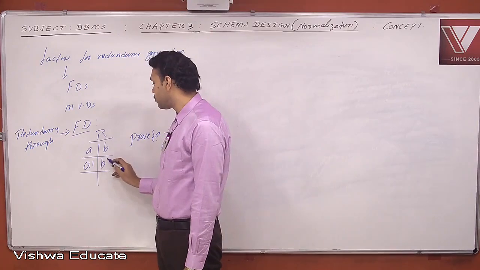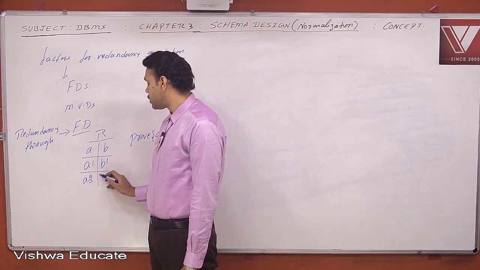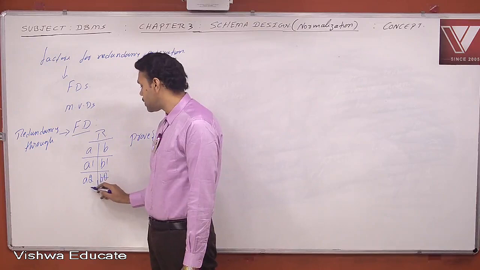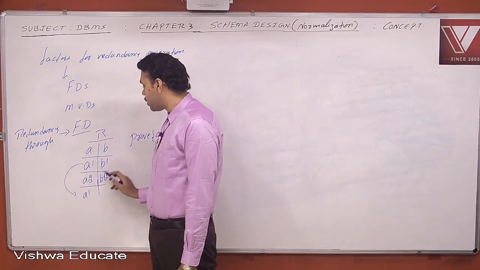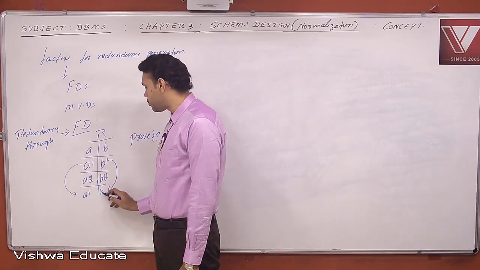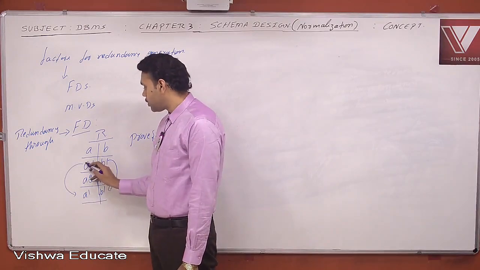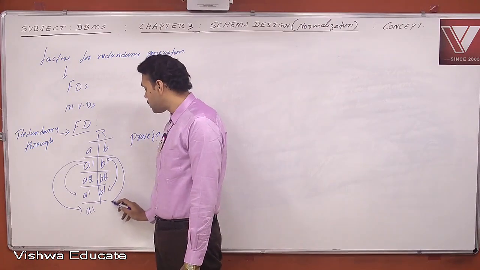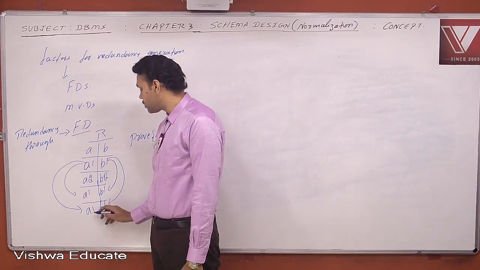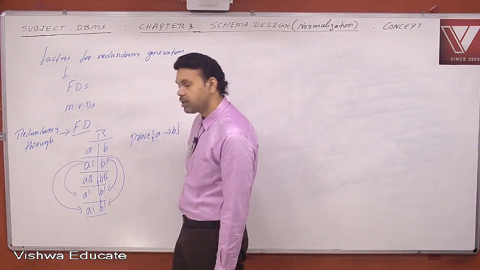A1, B1, A2, any value you can give, B2. But you see, whenever I repeat A1, you have to repeat B1 to satisfy A tends to B.